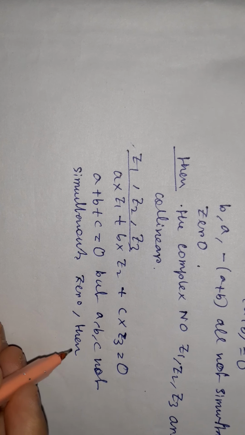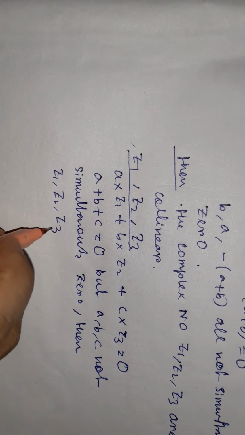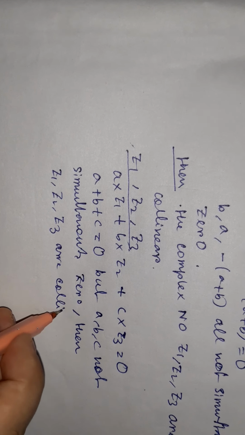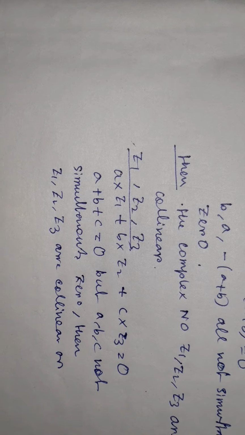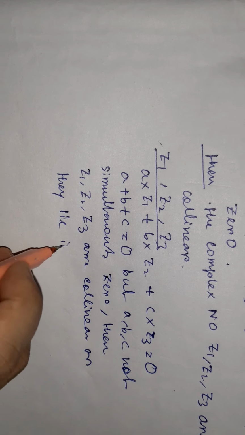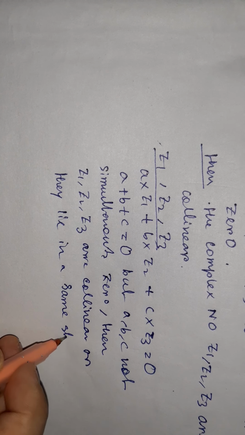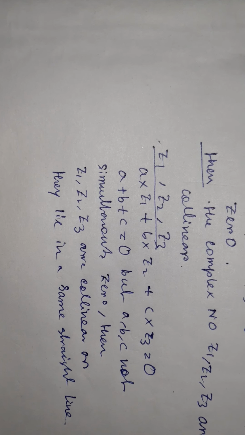then z1, z2, z3 are collinear, or they lie on the same straight line.